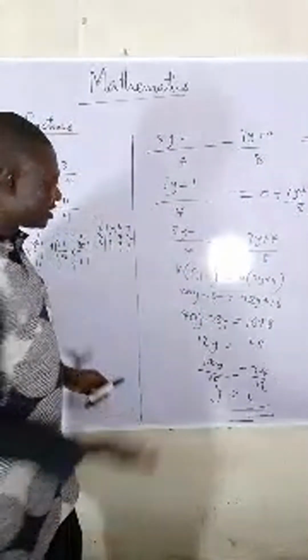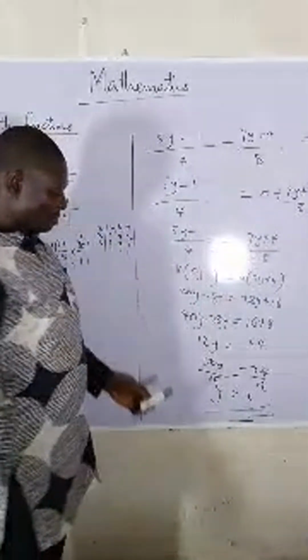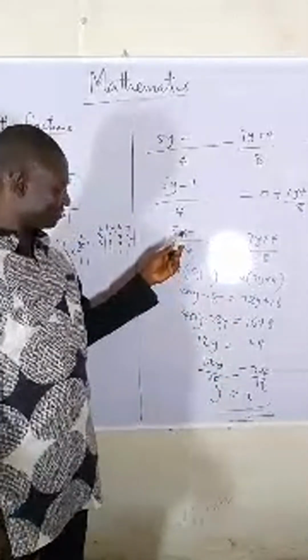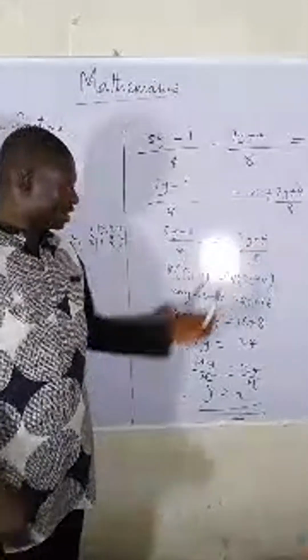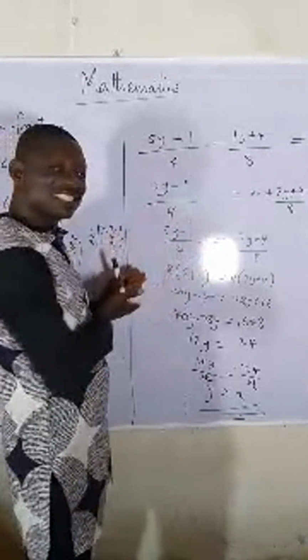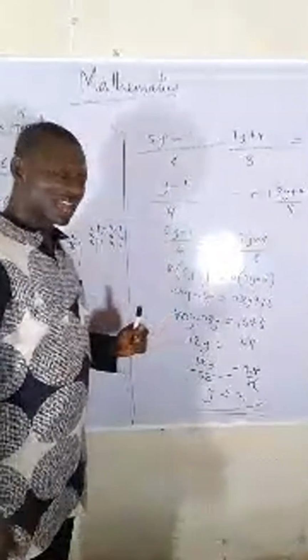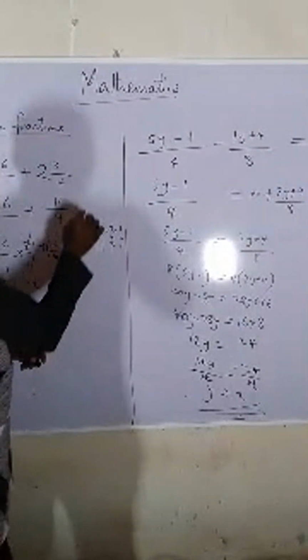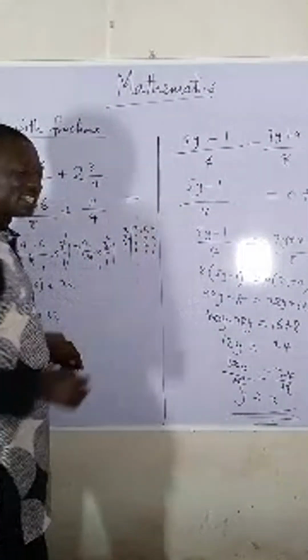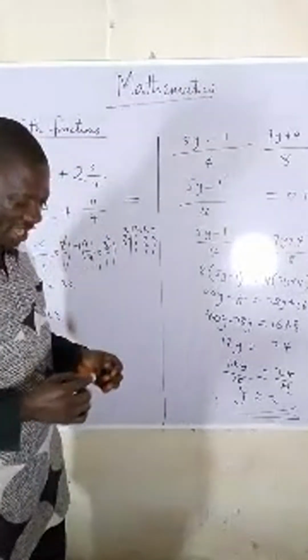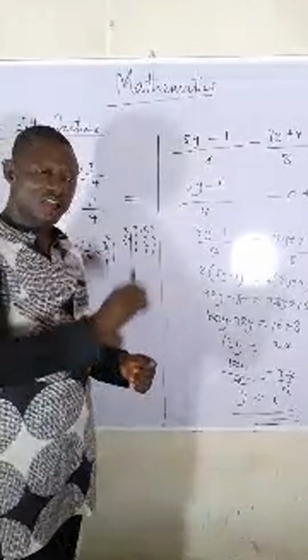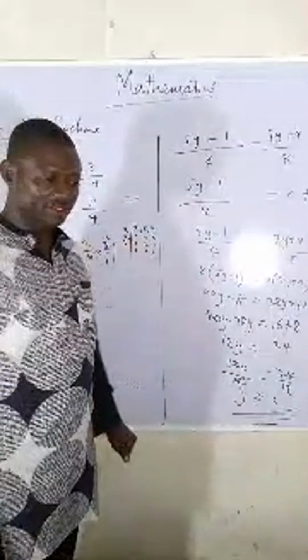Then if you also want, you can still do it here. Put the value of 2 in this position, and in this position. You'll find out what you get on the left hand side and what you get on the right hand side. That is the meaning of the equal sign in mathematics. What you have on the left hand side is equal to what you have on the right hand side.